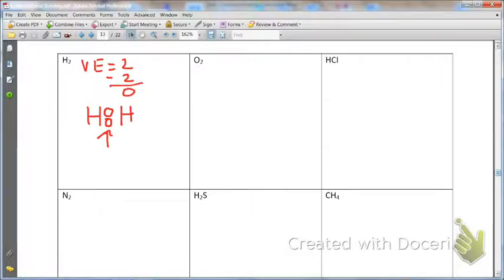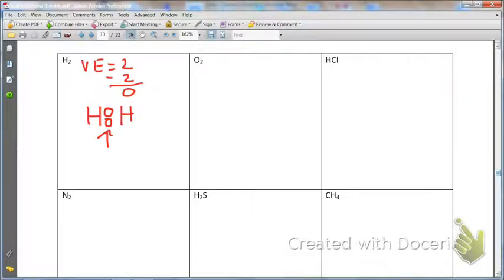Now, it is very important that you use up all of the available valence electrons that you have. You have to use them all up. You cannot have any less or any more added to your structure. So in this case, I have completely used up all my valence electrons, so I can't do anything more.